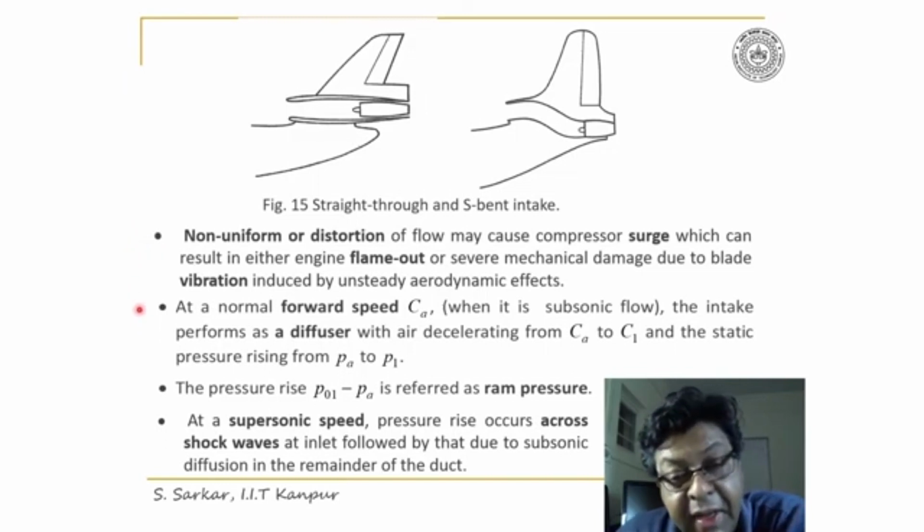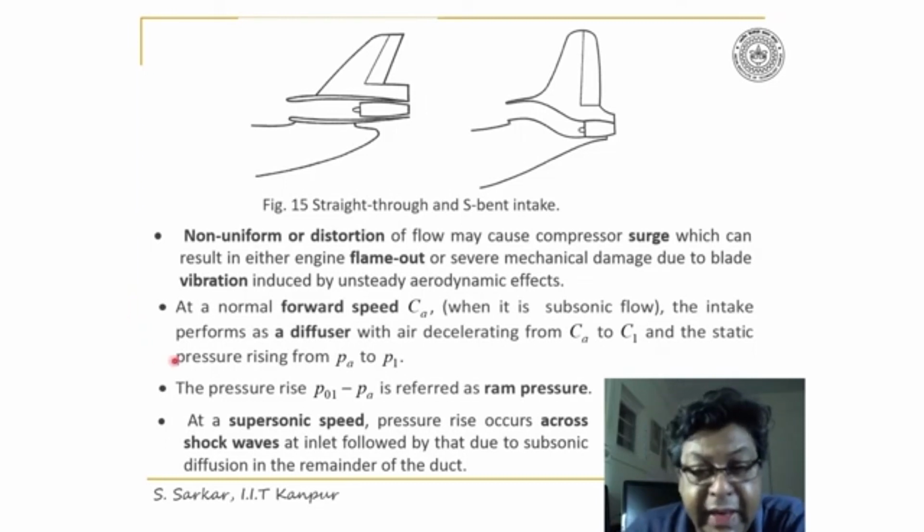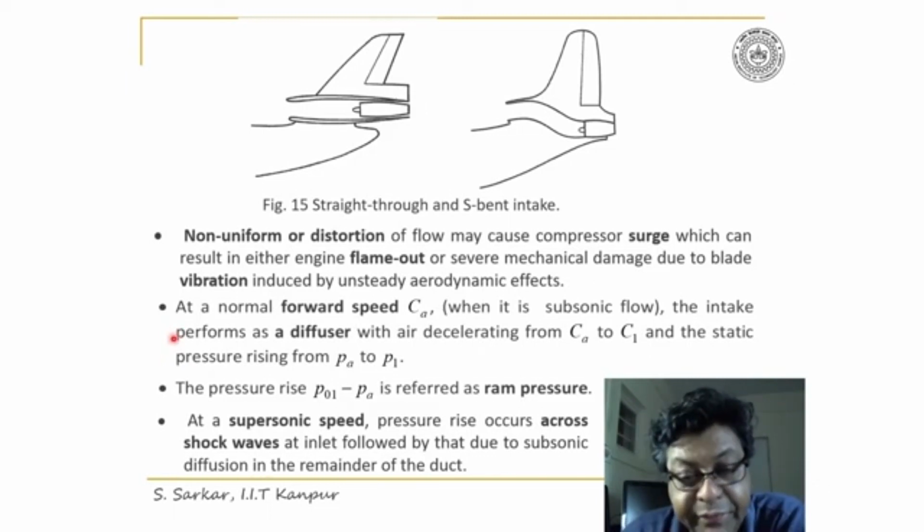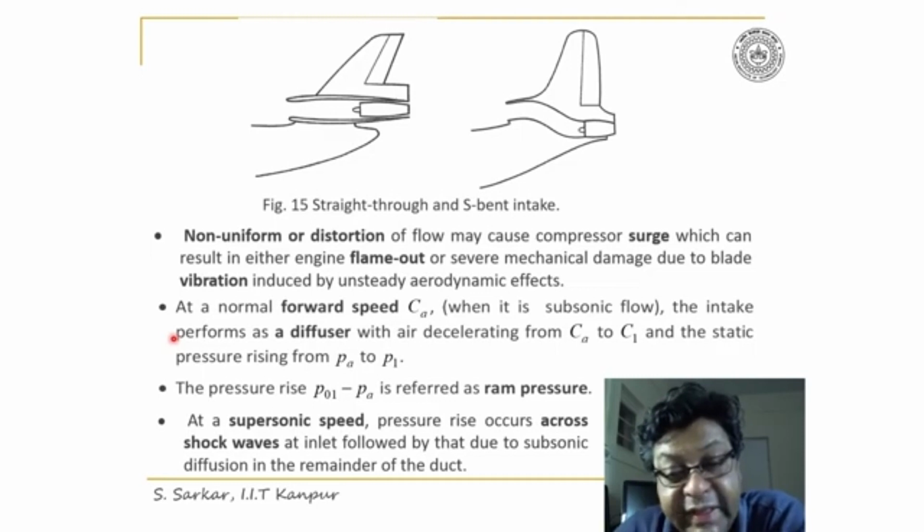Further, at a normal forward speed CA, where CA is considered as subsonic, the intake performs as a diffuser with air decelerating from CA to C1 and the static pressure rising from PA to P1.